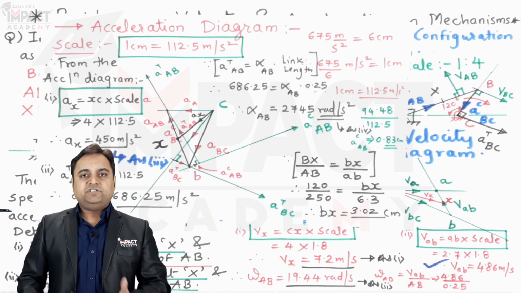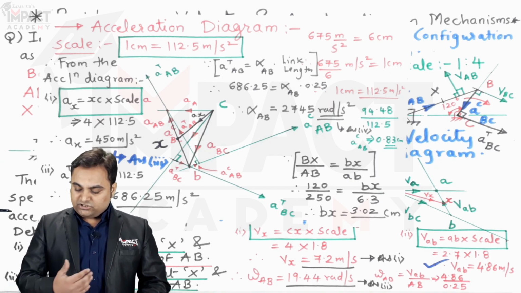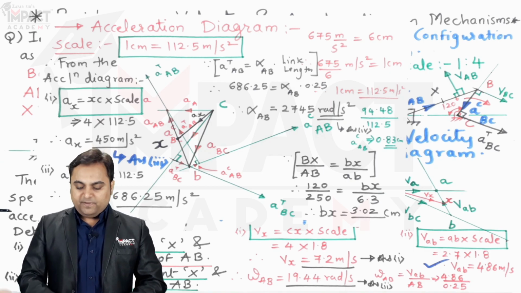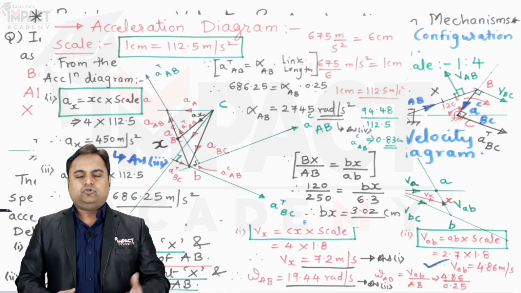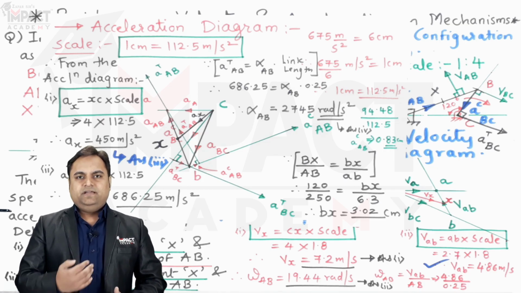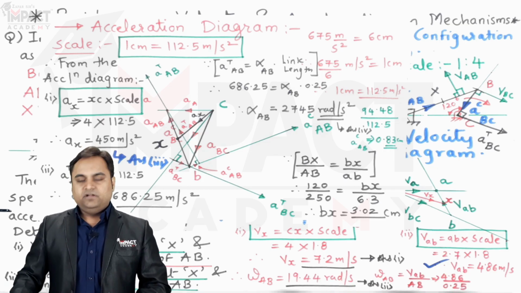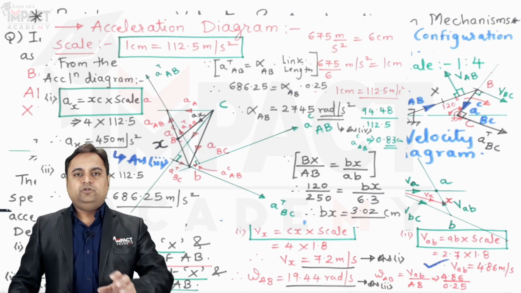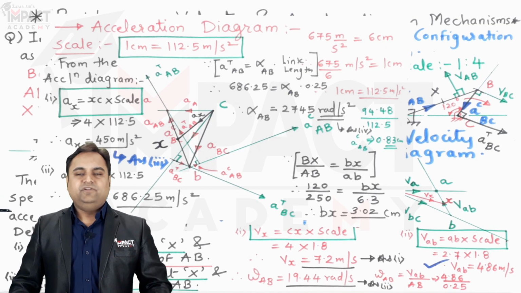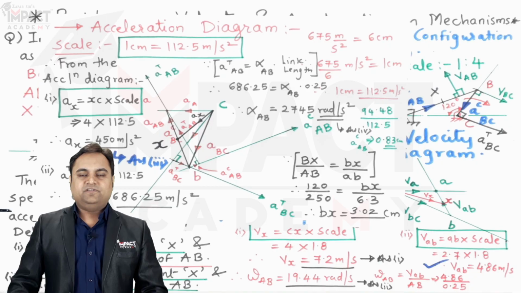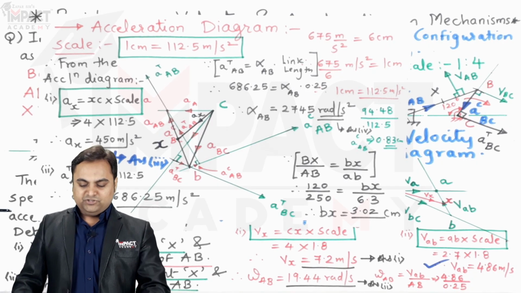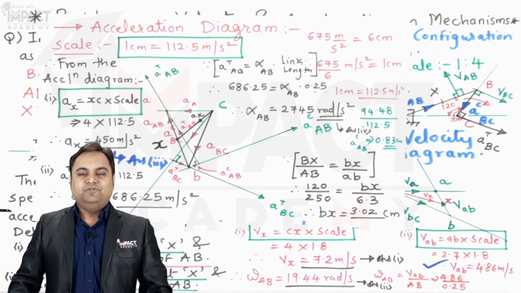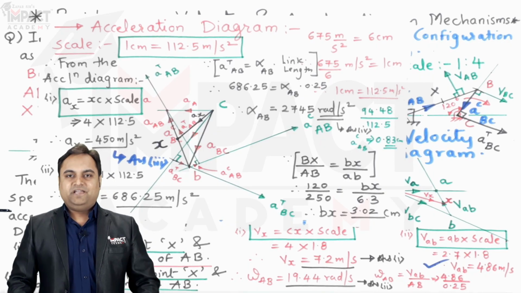So the answers may change as per the solution which you are solving. So remember, in case of the graphical method, plus or minus 10% error is allowed because we are solving it graphically. So the answers may not match exactly. That care we have to take in case of velocity and acceleration in mechanisms. So in short, that was a problem regarding velocity and acceleration in mechanisms.